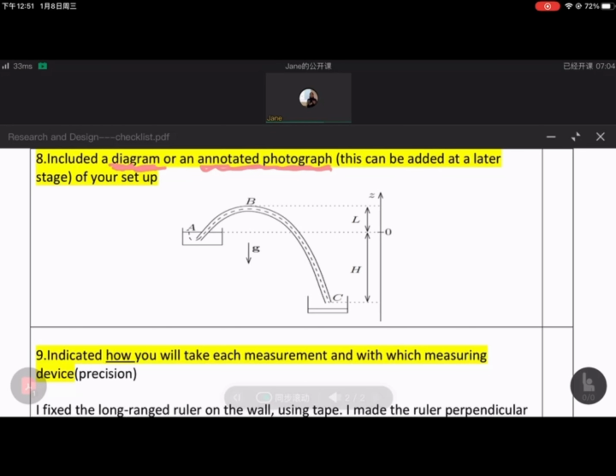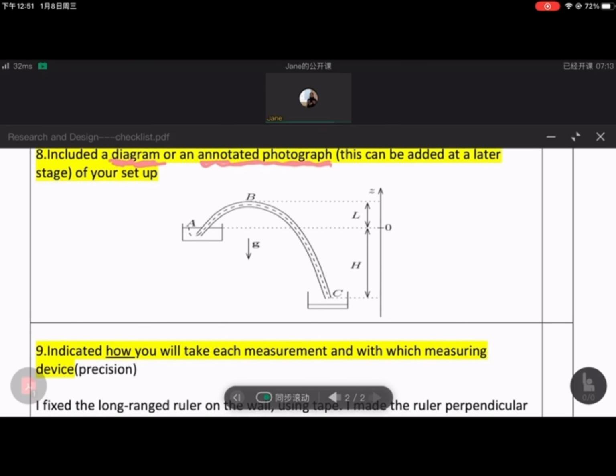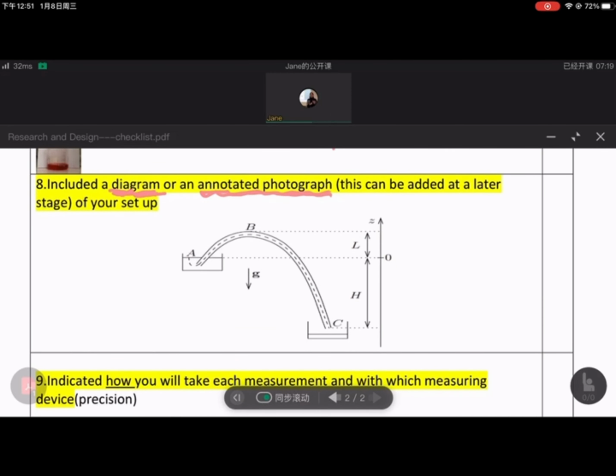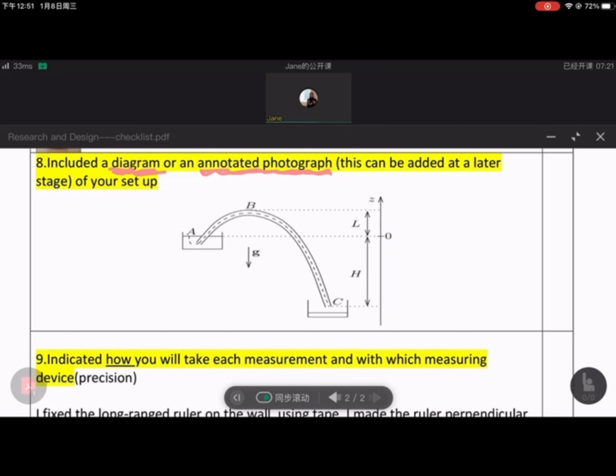And as we say, communication is also another part of the evaluation, right? So label, if you can't draw the diagram, you can take a picture and annotate your picture, and then use this diagram to describe and communicate. All right.